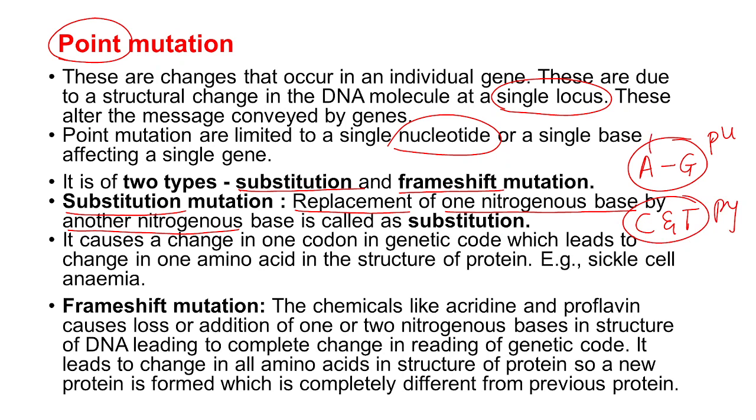A purine may be replaced by another purine, or a purine may be replaced by a pyrimidine. If a purine is replaced by another purine, it is called transition. If it is replaced by the other type, it is called transversion. So different types of mutations are there. In detail we shall discuss in the next chapter.